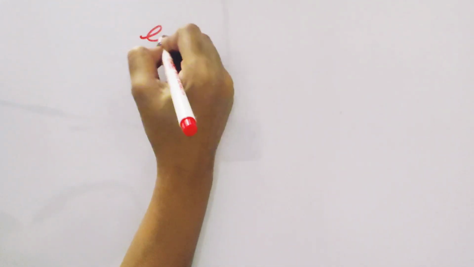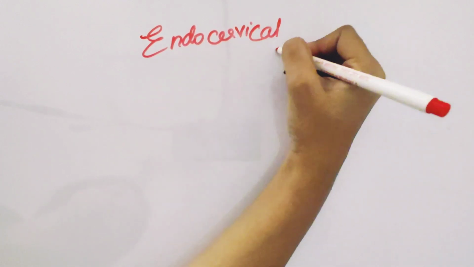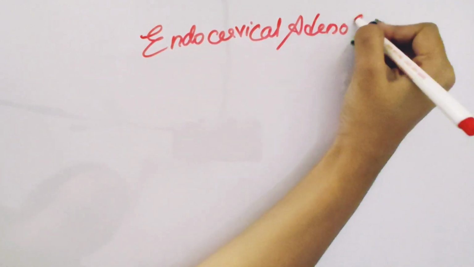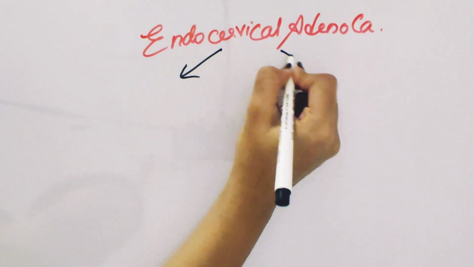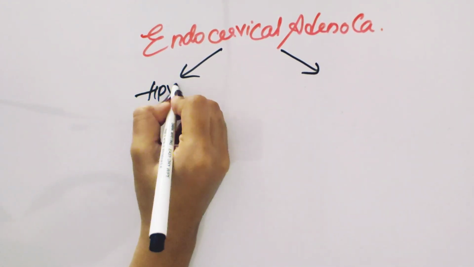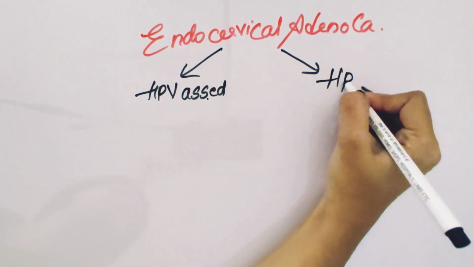So according to the latest WHO 2020 classification, endocervical adenocarcinoma is divided into two types, that is HPV associated and HPV independent.